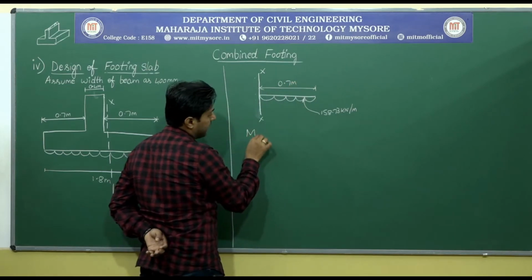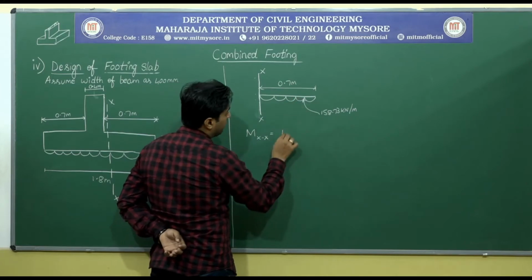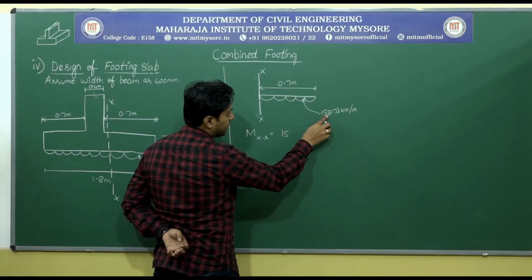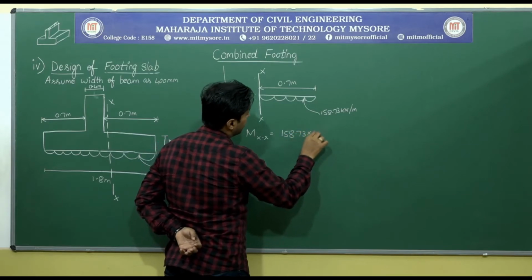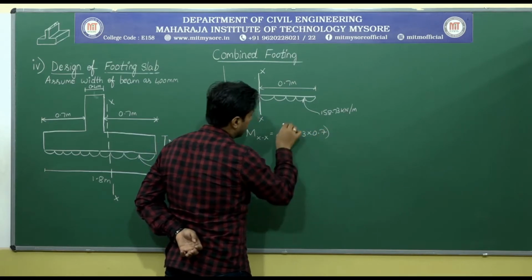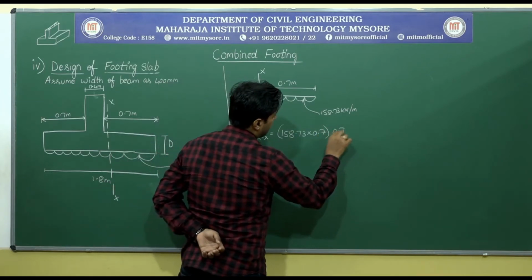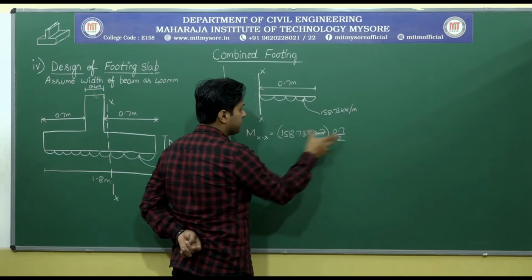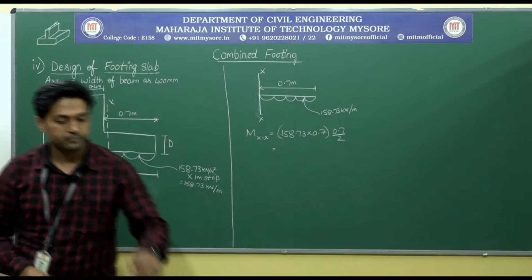So moment about XX is nothing but equal to force into perpendicular distance. If I want to convert the UDL into point load, it is 158.73 into 0.7, and into 0.7 by 2, because force into perpendicular distance. So what is the value? Let me directly take it from the book.